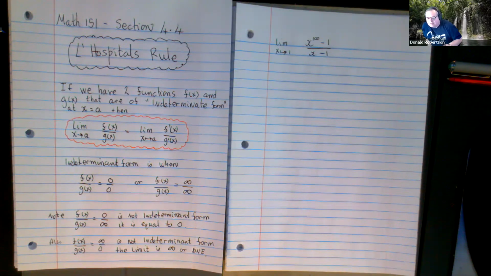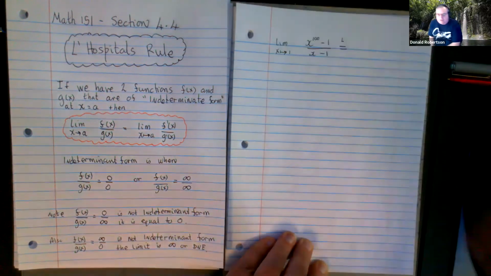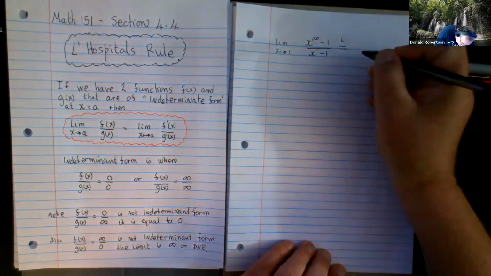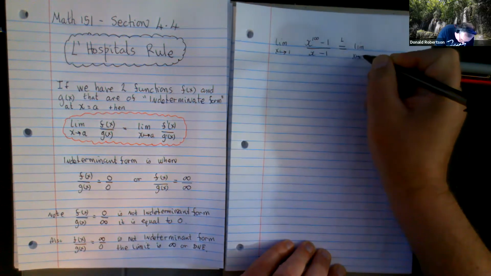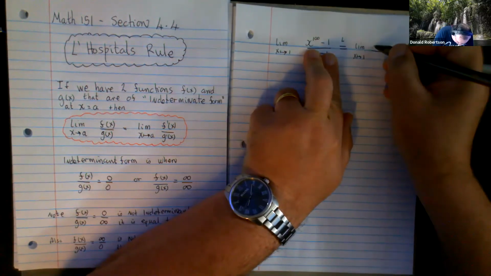Now, according to L'Hôpital, what you do is you put an equals and you write a little L at the top, and everybody knows that when you stick a little L at the top, you've just used L'Hôpital's rule. And it's now going to be the limit as x tends to 1. Now, if you differentiate this guy, it's a power rule.